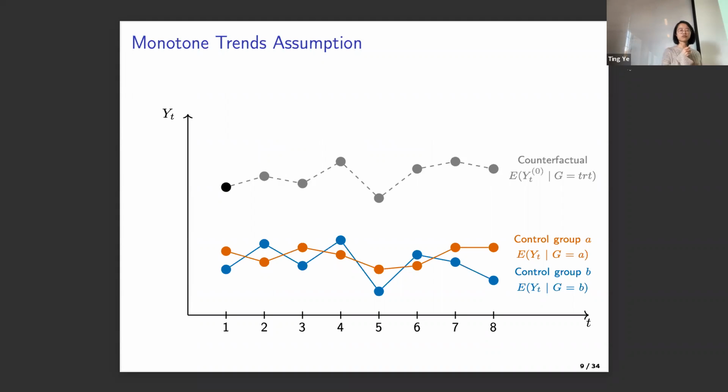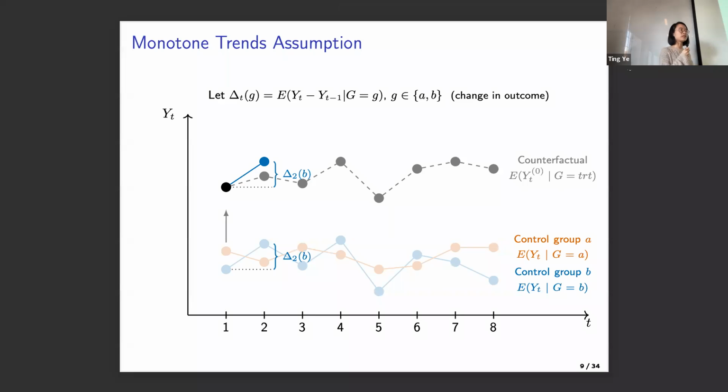And we still have 2 control groups, control group A and B, and they will satisfy this monotone trend assumption. So first of all, some notation here. We use this delta t g to denote the change in outcome from t-1 to time t for group g. So for example, this delta 2b denotes the change in outcome for control group B from time 1 to time 2.